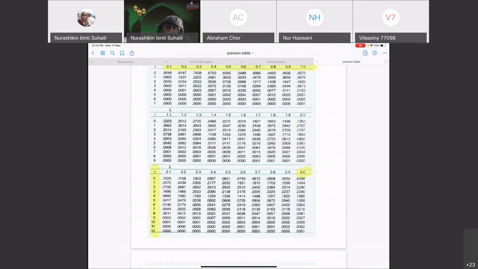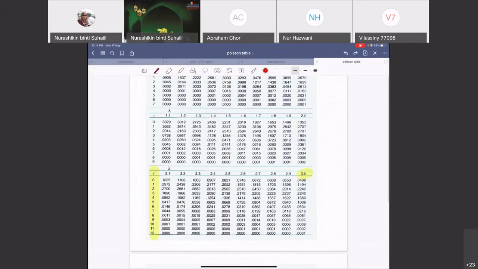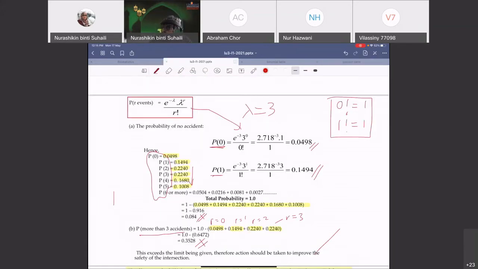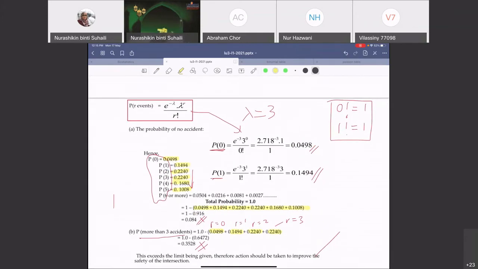The value that you should get from here is 0.0498. Is it the same as what we calculated over here? Yes, it's the same thing actually. But normally in the exam, you just use the table.